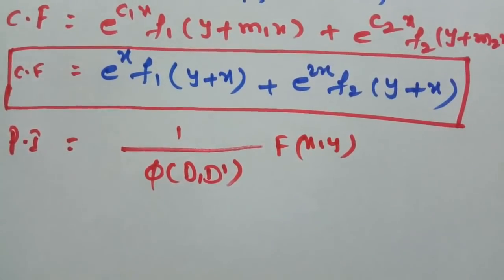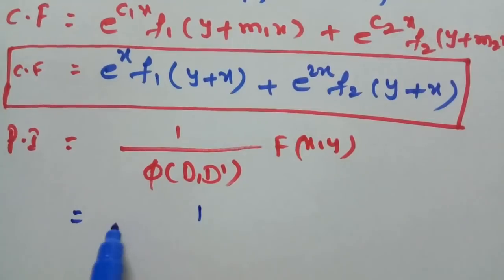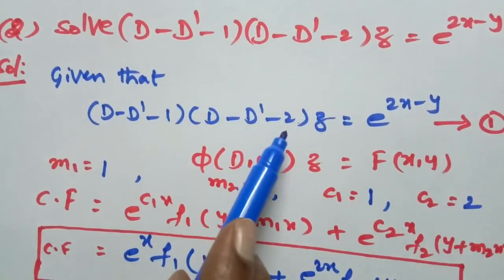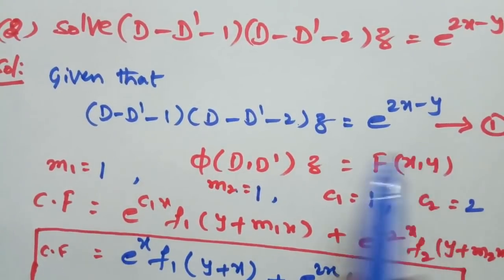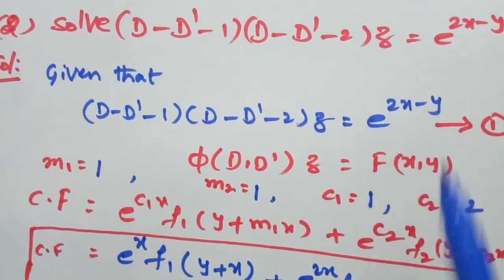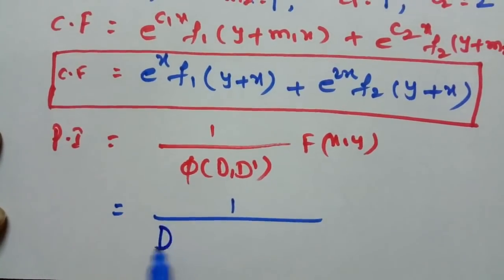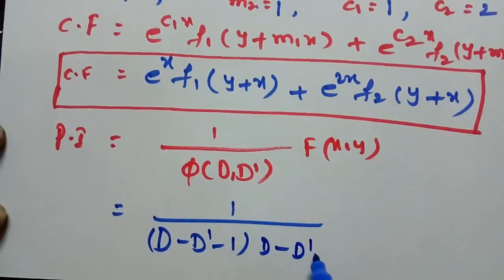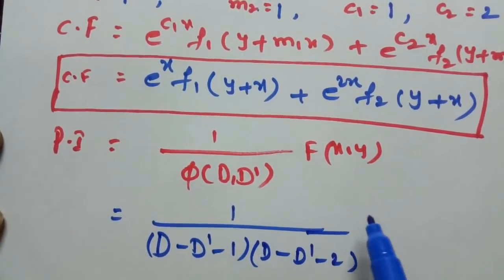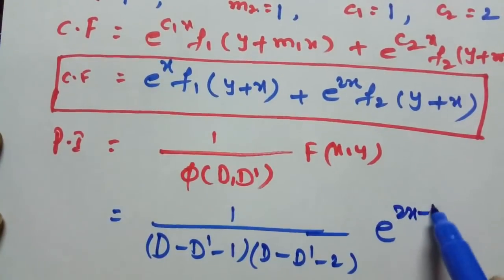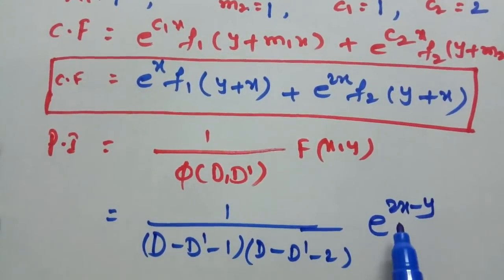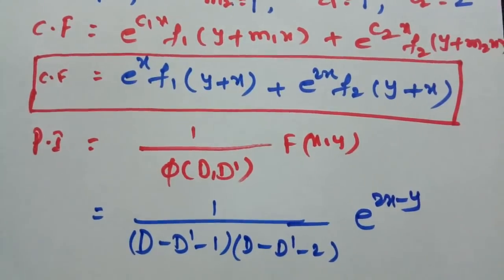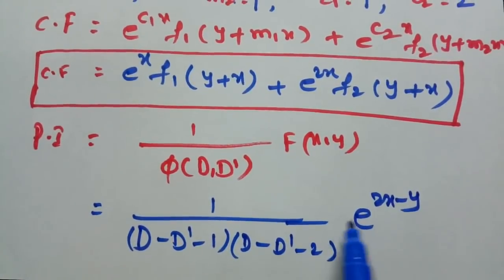Here phi of D, D' is (D - D' - 1)(D - D' - 2), and f of x, y is e^(2x - y). So PI = 1/((D - D' - 1)(D - D' - 2)) e^(2x - y). Now as per rule number 1 discussed in the homogeneous linear partial differential equation of higher order, here also the same rule will be applicable.